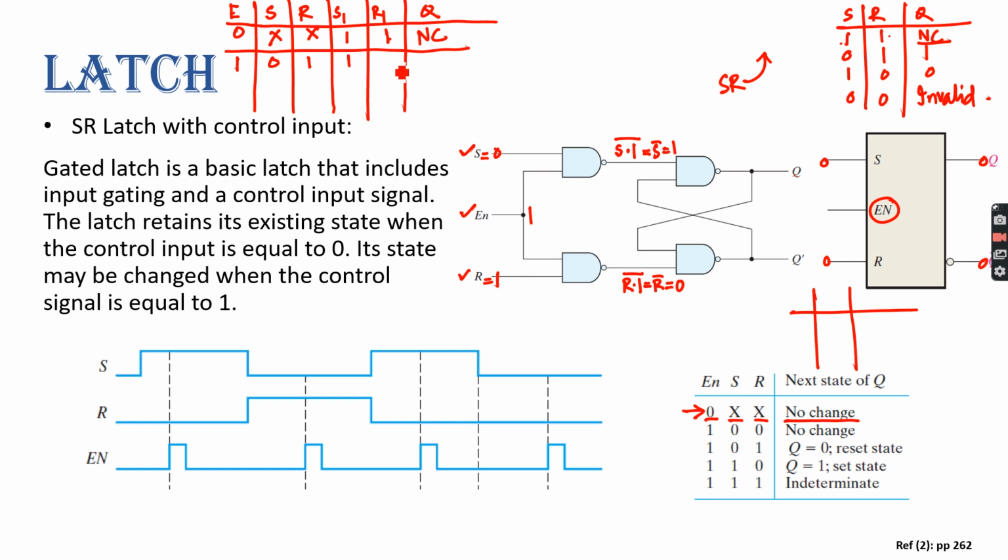So this value will be 1 and this value will be 0. So for 1, 0, what will be the output? 0, right? Yes, sir. So it will be 0, as you can see from here.